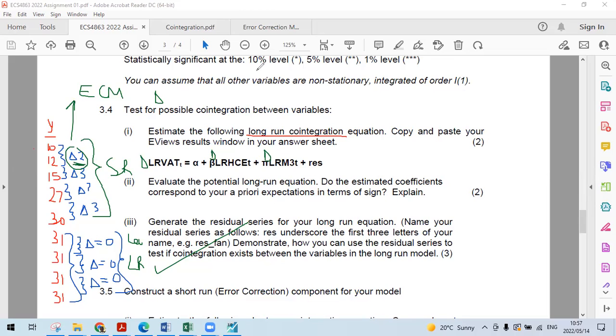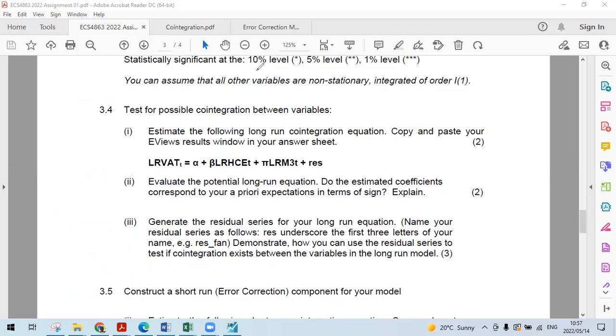Okay, so I'm going to the question. Estimate the long run co-integration equation. They're saying copy and paste your EViews result in your answer sheet. So how do we do it?